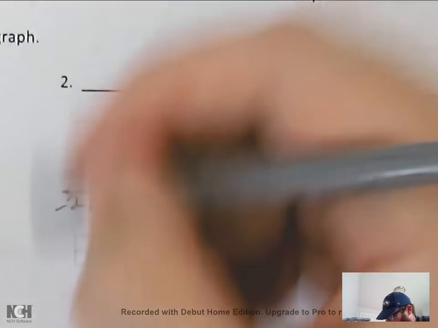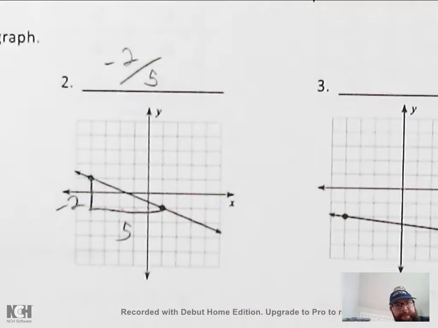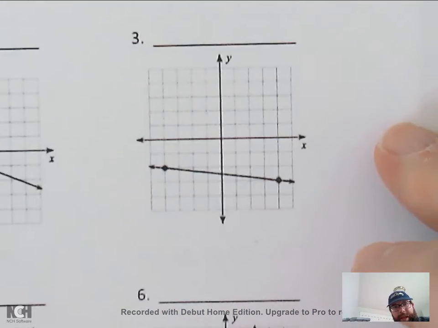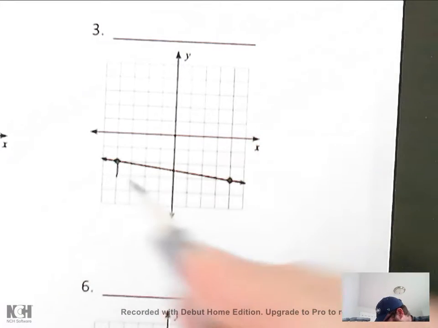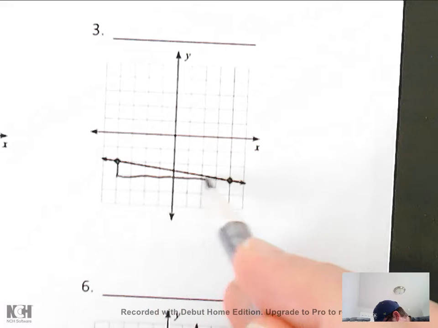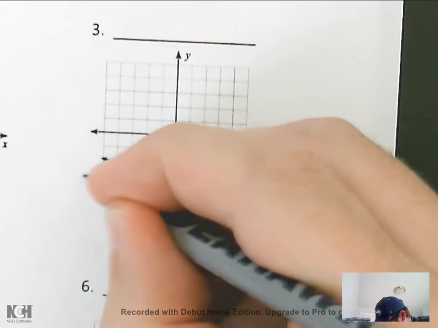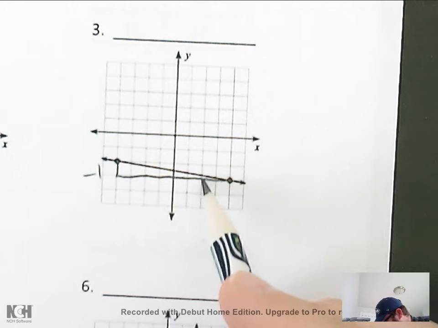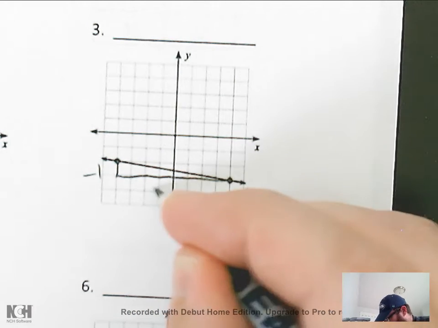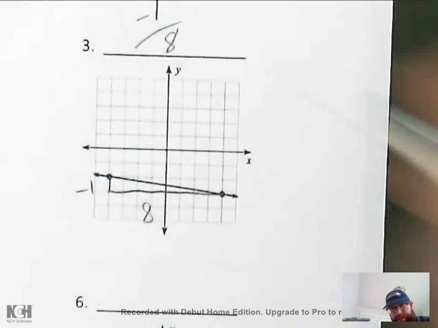So our slope, the rise would be negative 2, run would be 5. Not too tough, right? And this one, again, draw a stair, go down the ramp, just connect the 2 points with your stair. It's going down 1, so minus 1, and it's going over 1, 2, 3, 4, 5, 6, 7, 8. So your slope would be negative 1 over 8. Okay, not too tough, right?